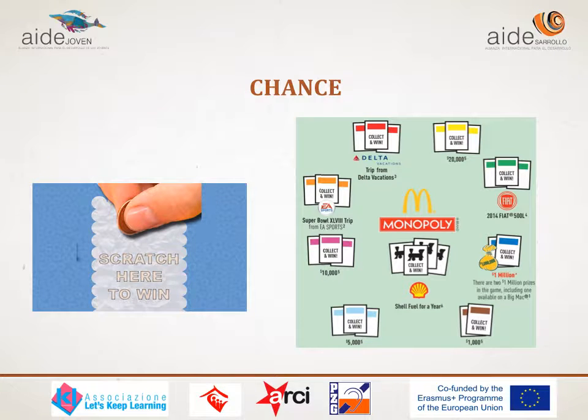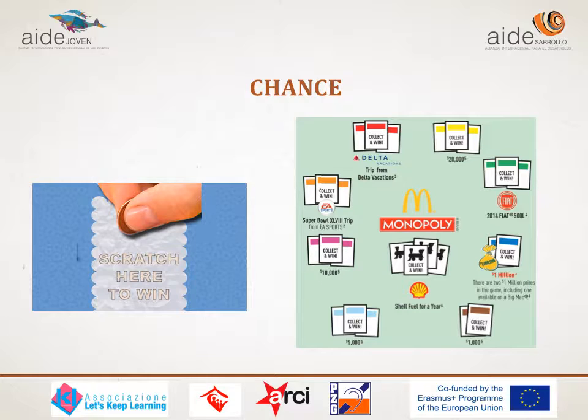Here we have another example of chance that is conditioned by the fact that the user has done a previous action, which means, for instance, we can put a scratch here to win the very first time every day the user logs into the application.